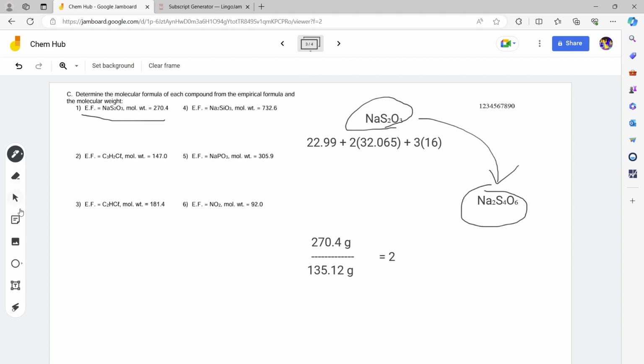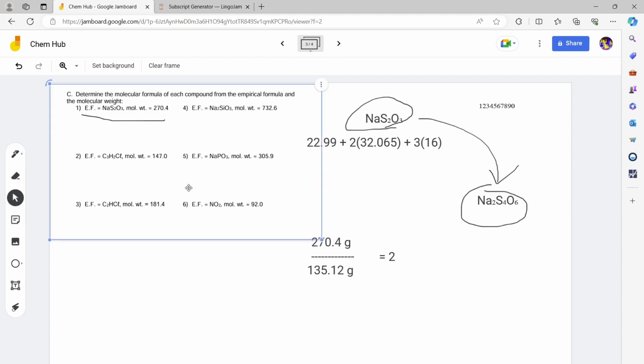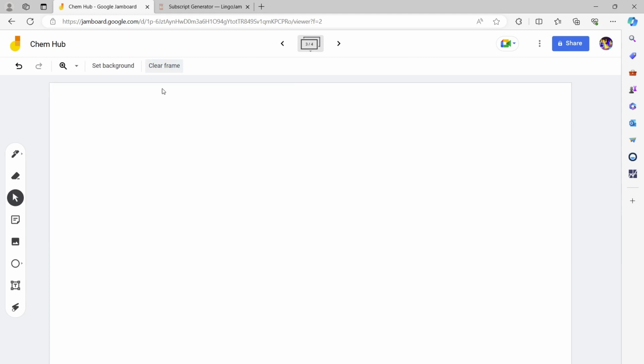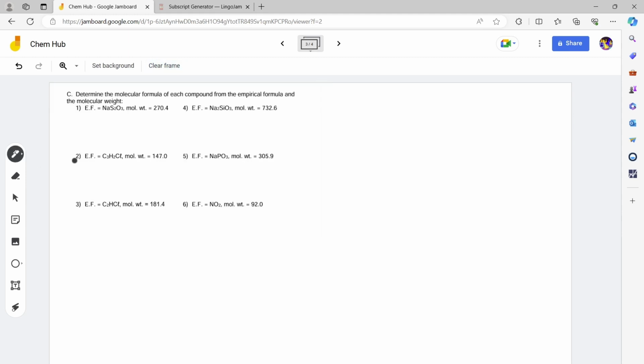Let's go with one more practice problem. We can try problem 2. So with an empirical formula of C3H2Cl, I'm just going to use big numbers for now, with the molar weight of 147.2.